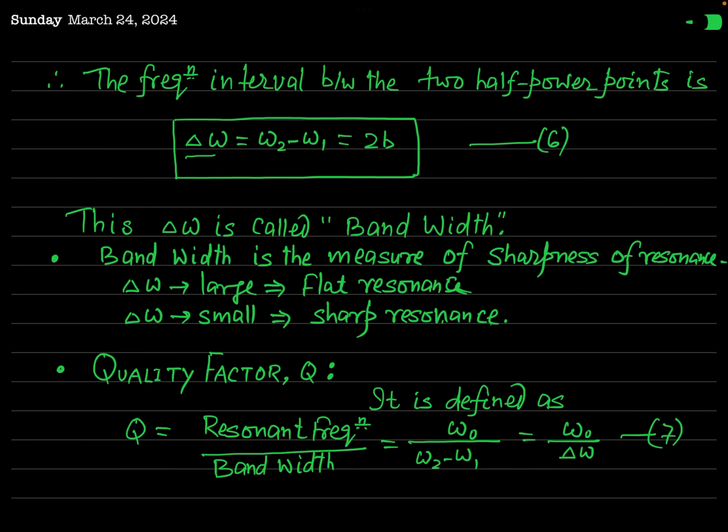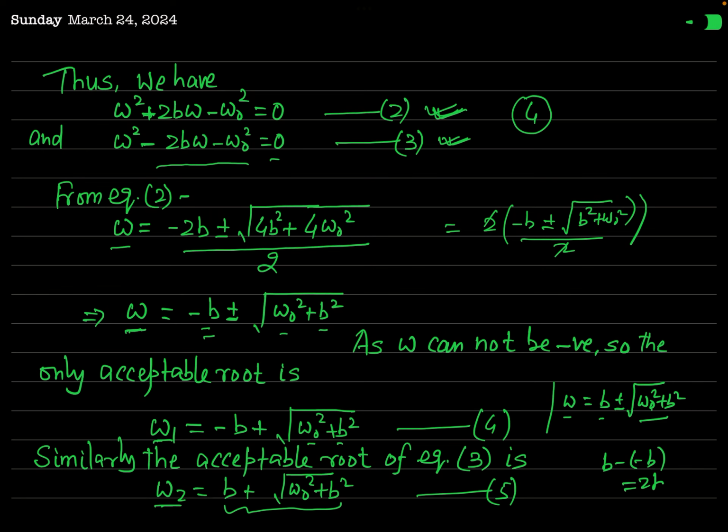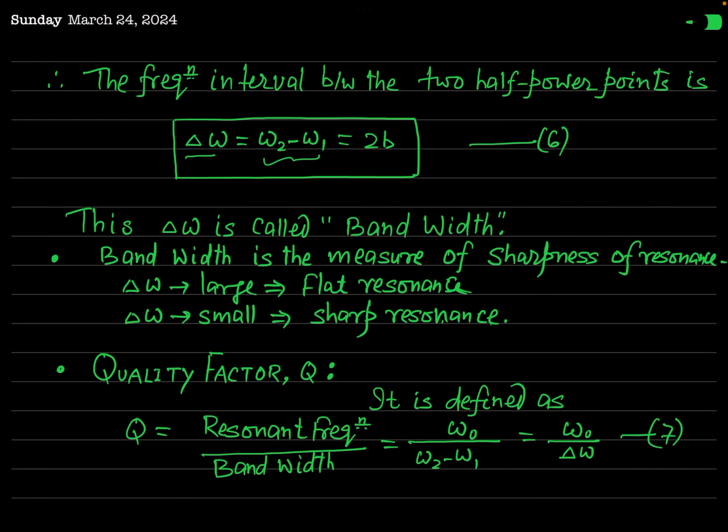Now see the expression. When you subtract omega 1 from omega 2, the second term inside the square root will cancel out, and this will be b minus minus b, which is equal to 2b. So the bandwidth is simply equal to 2b.